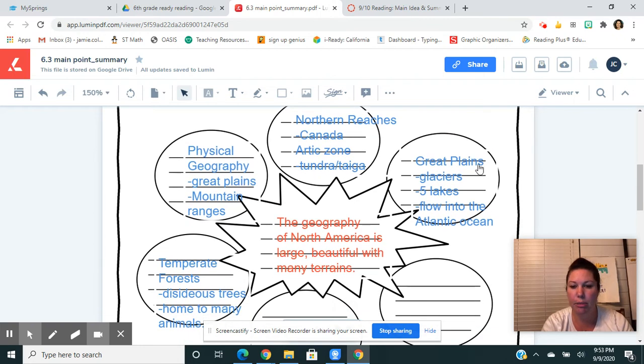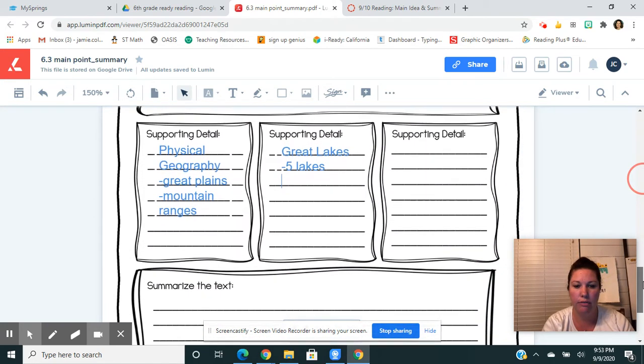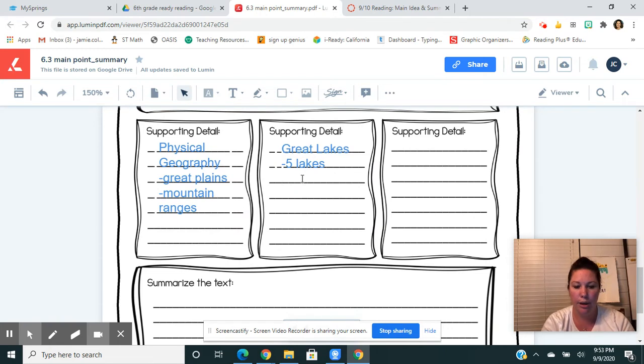Oh, I realized I put plains instead of lakes. That's okay. You guys understand what I was doing, right? They're glaciers and they flow into the Atlantic Ocean. Okay, so let me go ahead and write that. There we go. They came from glaciers, from the Ice Age, and they flow into the Atlantic Ocean.